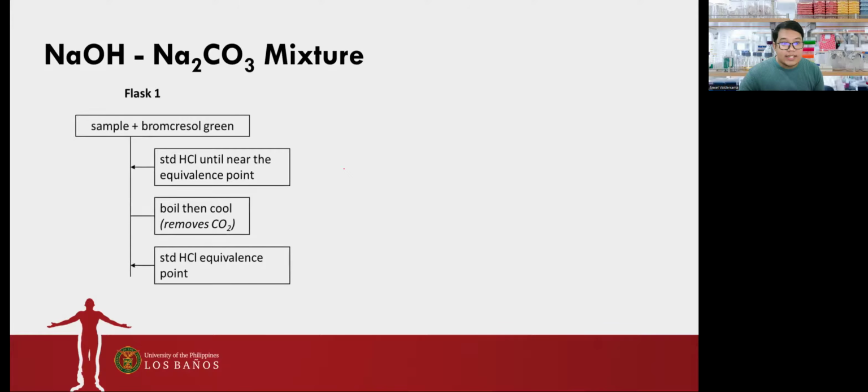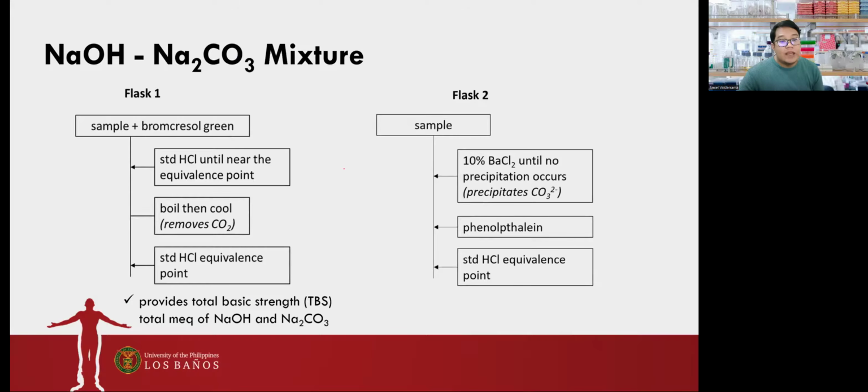So in our class, we have made some modifications. Ayan. Sa flask 1, if ang ating mixture ay sodium hydroxide and sodium carbonate, yung flask 1 natin, ang ginamit natin ay bromcresol green lang. Then we add standard HCl, then we boil and cool to remove carbon dioxide. Then we continue titration until we reach the endpoint. So since we have OH minus and carbonate ion, yan.